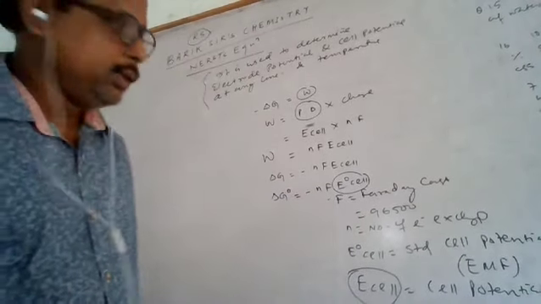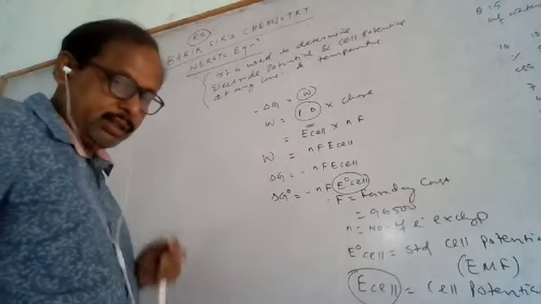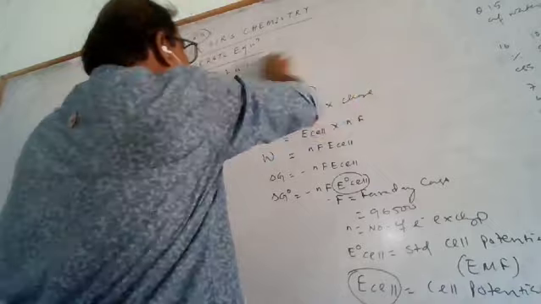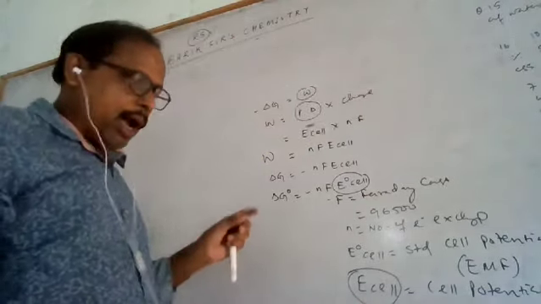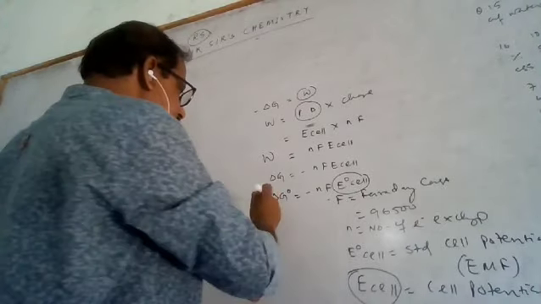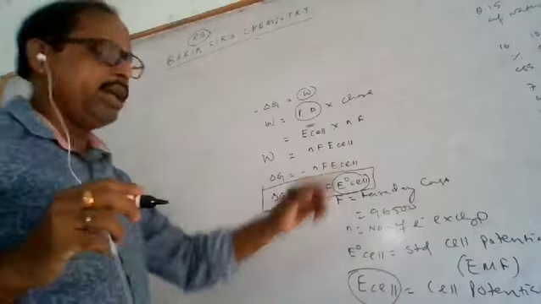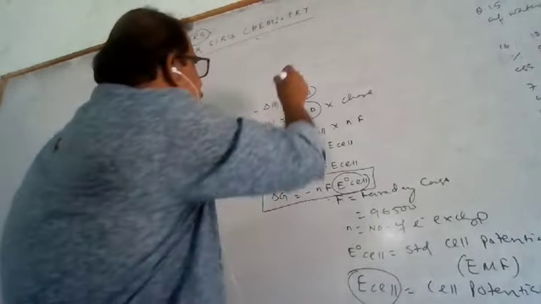Okay. So this is the thing that you have to understand. At this point we have reached delta G naught equal to minus nF E naught, or delta G equal to minus nF E cell.